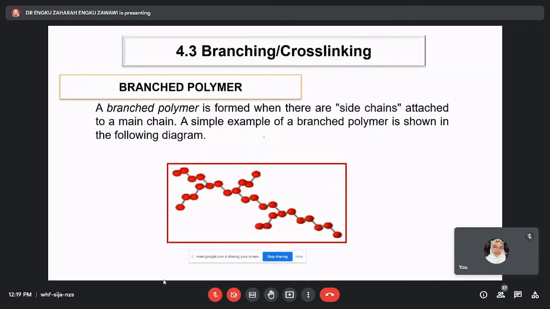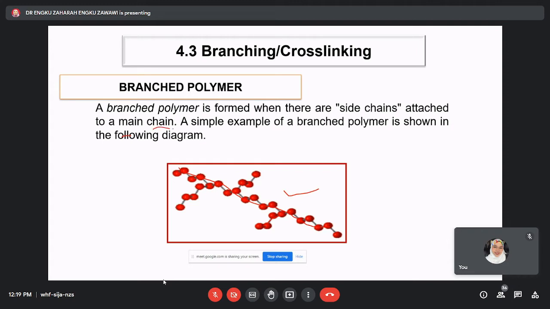So if it is branch and crosslink, branch means there is the main chain, and then we have the sides. So the side is the branch. A branched polymer is formed when there are side chains attached to the main chain.